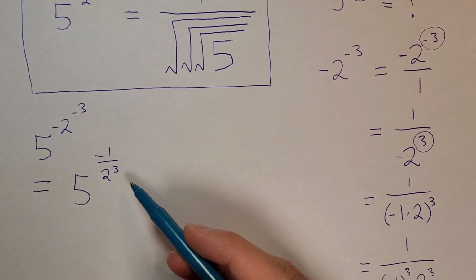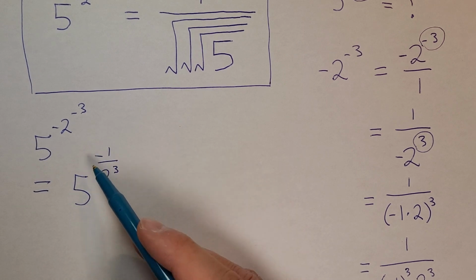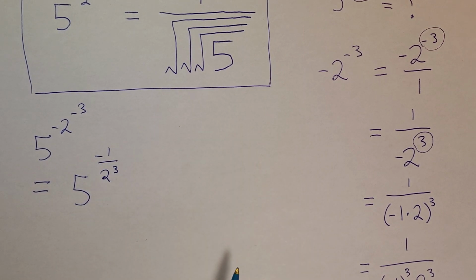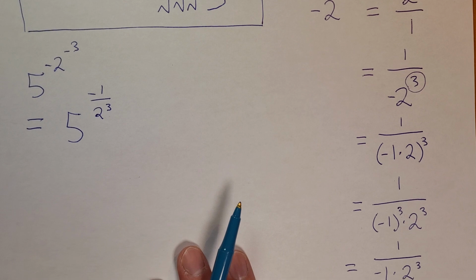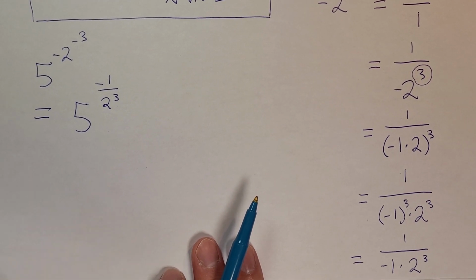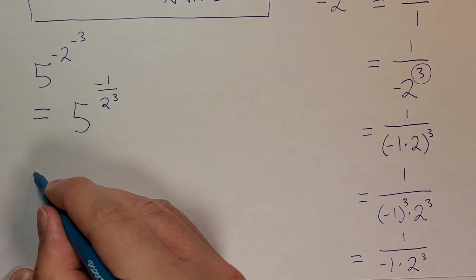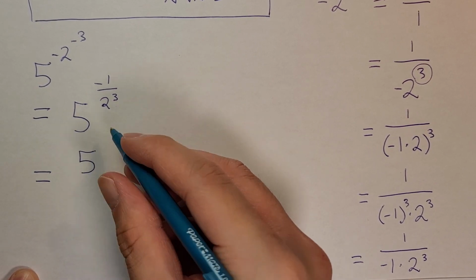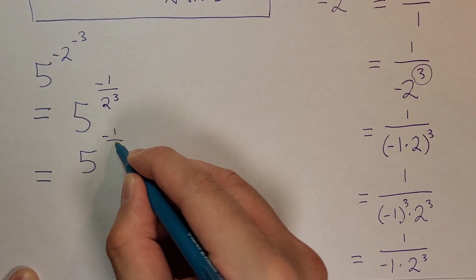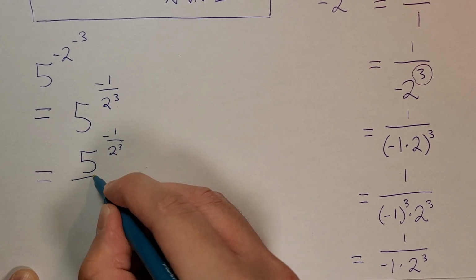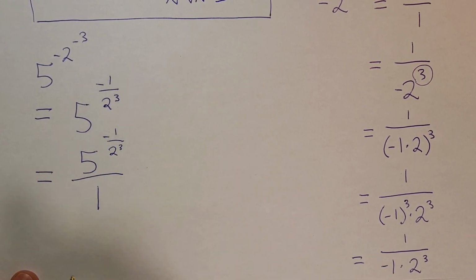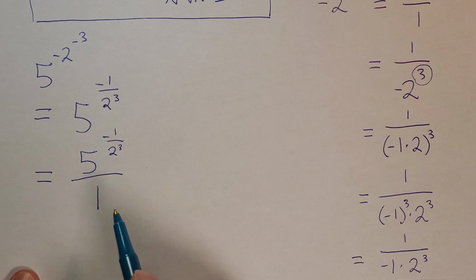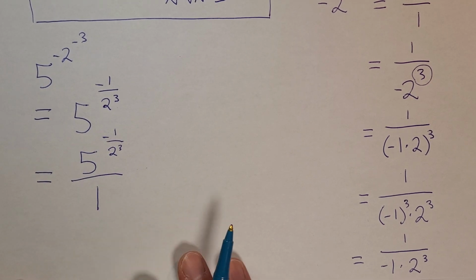So notice again that I have a negative exponent here. So I'm going to rewrite this. First of all, I'm going to put a 1 underneath there. And then I'm going to flip the fraction.